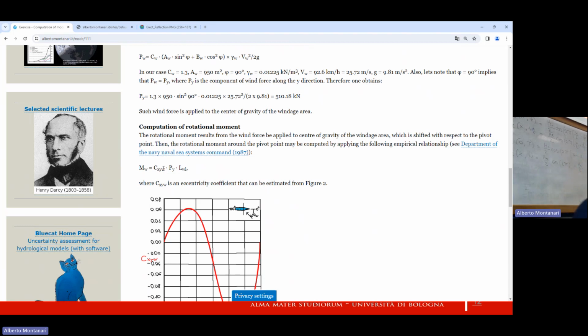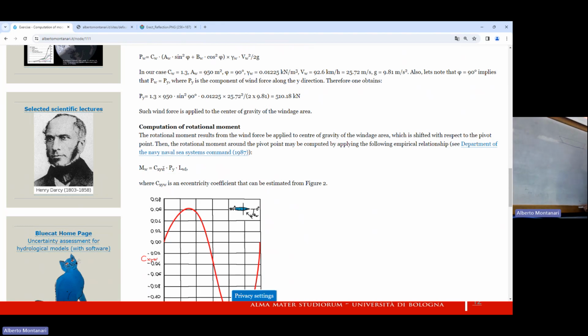So basically, we take our ship, like this one, and here there is the water line.